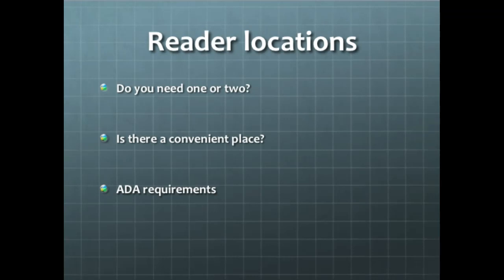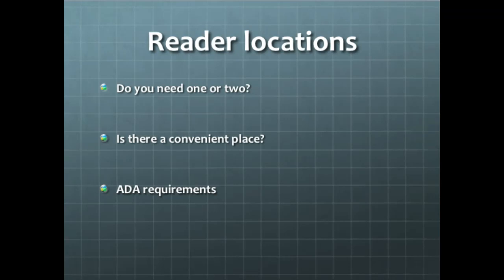And then we have ADA requirements. Those of you who have taken my corporate security law course understand the Americans with Disabilities Act. And it basically requires that the reader be accessible to people with physical challenges. So 3 feet off the ground is the general height requirement. And you must put it somewhere where it's not in an enclosure such that someone could not reach it.